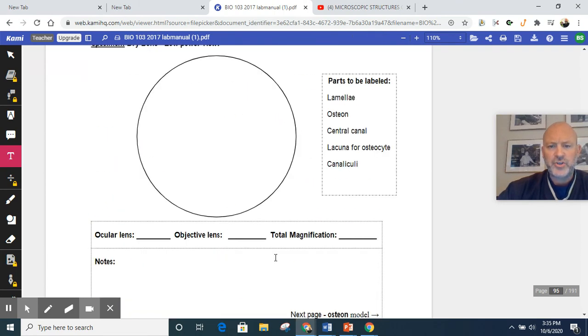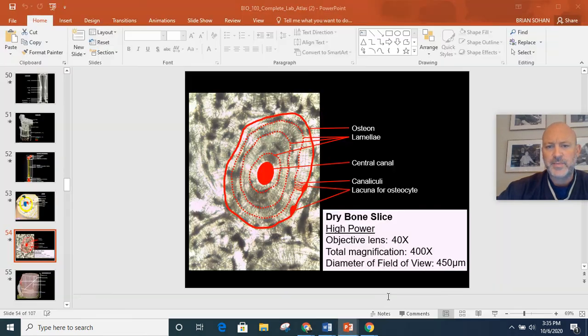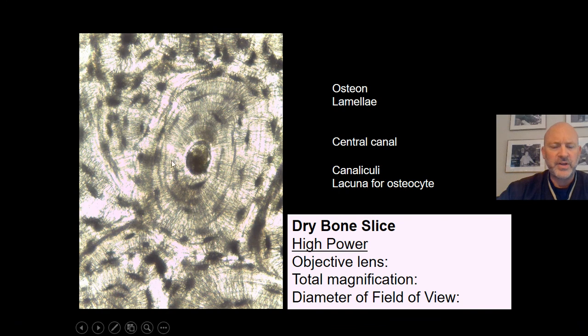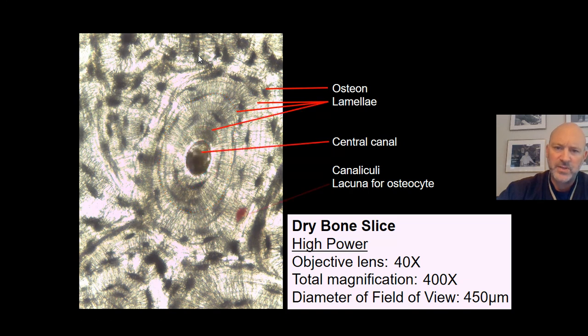So what I want you to do is use this lab atlas to make this microscopic observation of compact bone, specifically the osteon. So you're going to draw this ring system, this Haversian system, labeling the entire osteon, labeling the lamellae, the rings, the central canal, the canaliculi, and the lacuna with osteocytes.